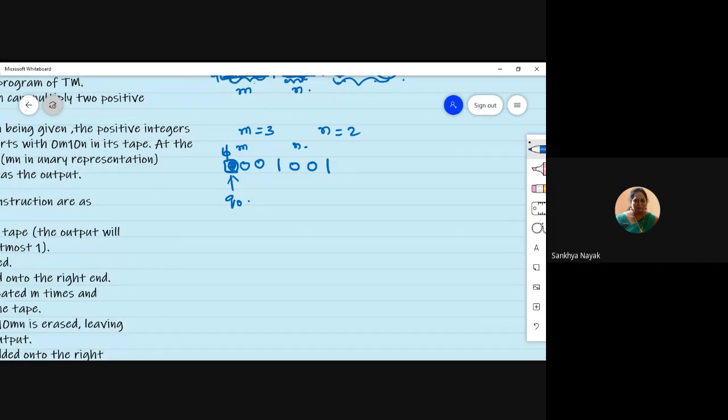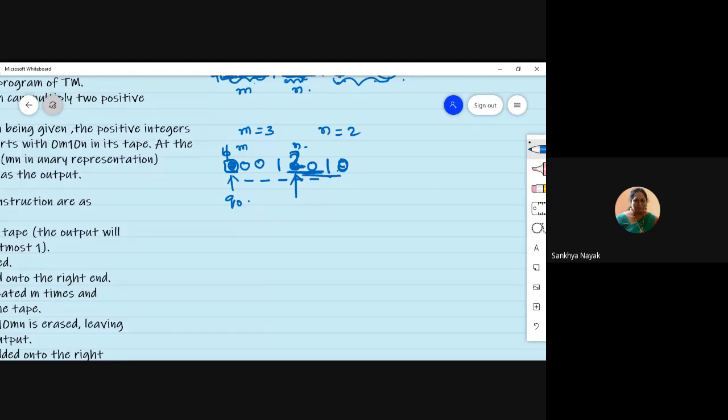Alright. After making this a blank, I'm going to move forward till I get this 0. Okay. And this 0, because I saw this, I don't know how many zeros are there here, isn't it? So what I'll do is I'll convert it into some other number just to remember that I have seen a 0. Okay. And I'll come here, copy it.